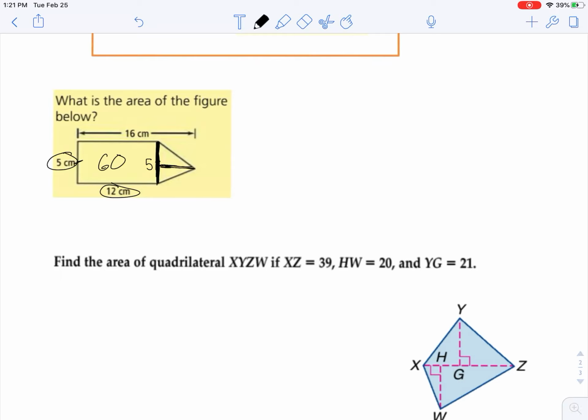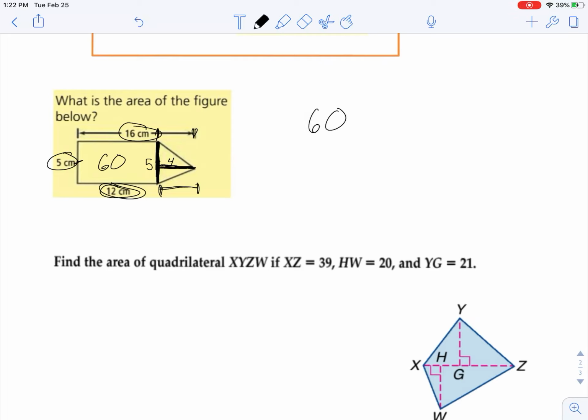What I see here is that to the very tip of the triangle, that's just going to be 4, because I took 16 minus 12 to figure out what just this piece would be. It says the whole thing up there is 16, so that little piece would be 4.